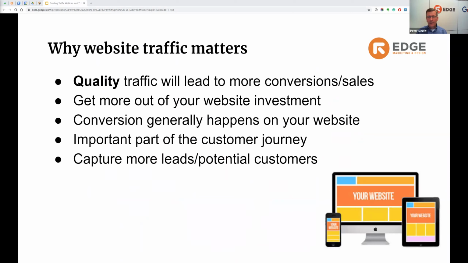Now, why do we even care about website traffic? These are probably pretty obvious statements, but having a beautiful website that nobody can find online is probably not going to do very much for your business, right? So we really want to make sure that we generate traffic to the website, because when people knock on your door or go to your retail store, now you have a client that you can talk to and explain what you do.